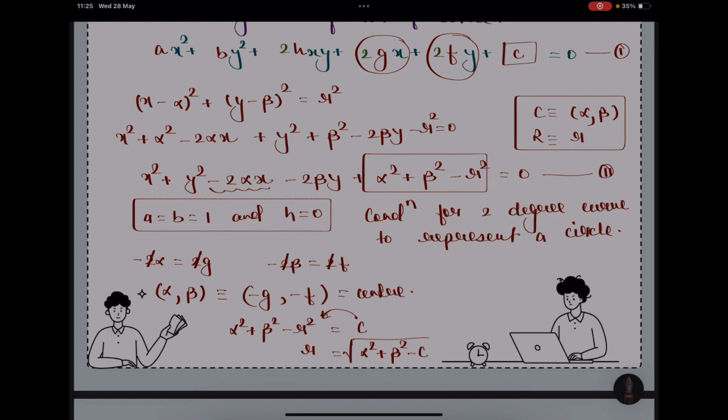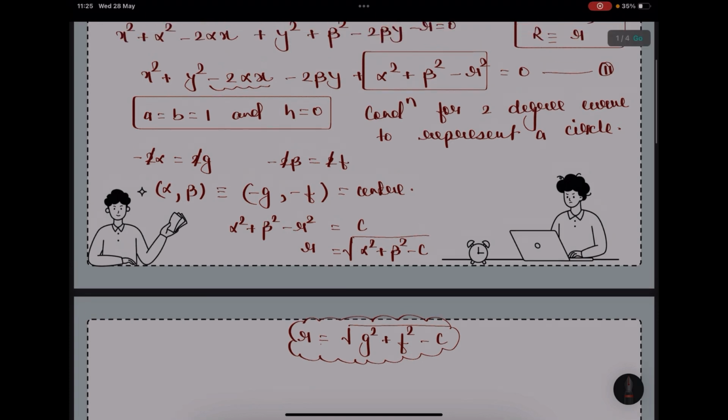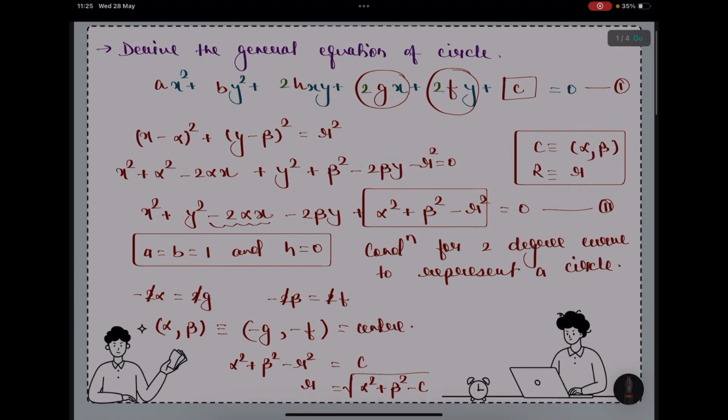You also know that alpha is minus g, beta is minus f. So can I write radius as root over g square plus f square minus c to get the length of radius? Is that clear?